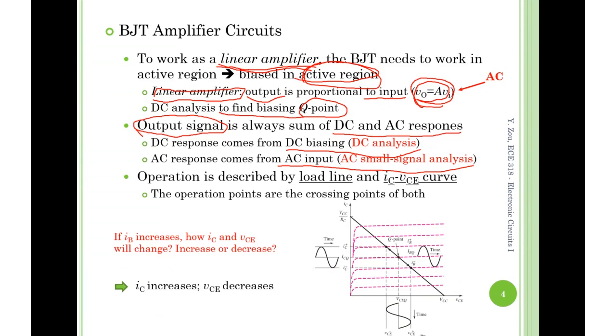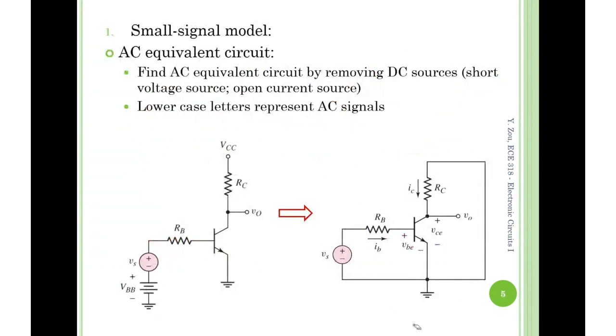This is a little bit of explanation for the AC amplifier operation. But once again, the same pattern, same idea as we learned from the MOSFET. And in MOSFET, we also began with the AC equivalent circuit before introducing the small signal model for the MOSFET, right?